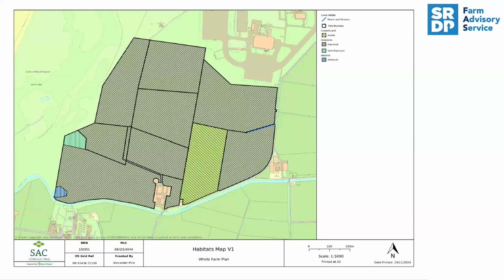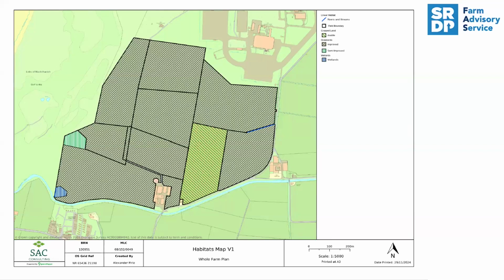I've just come to the end of the categories that we have on the presentation tonight, but I wanted to show an example of what my own habitat map looks like. This is one I created for home. I'm very happy with it. In terms of meeting the requirements of the whole farm plan, I'm confident that it does that.